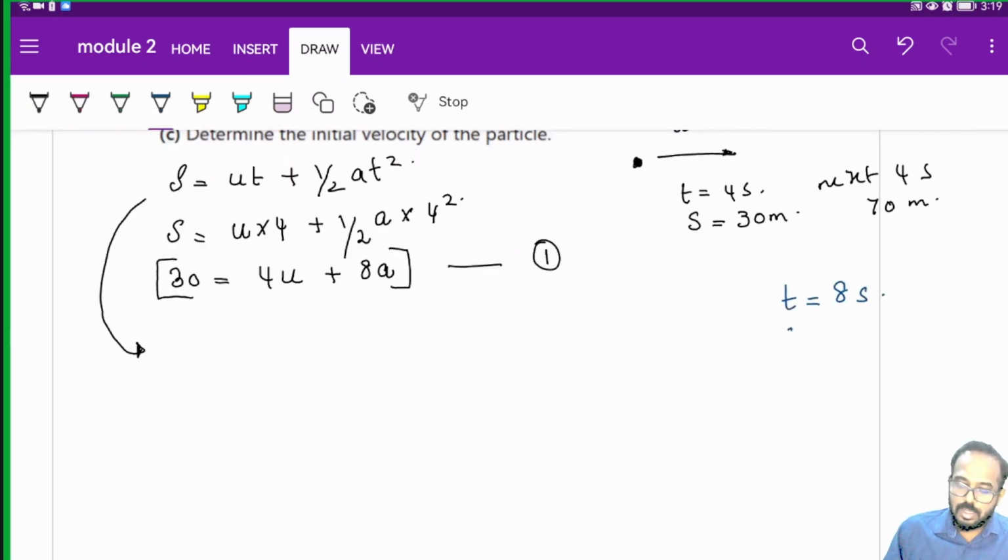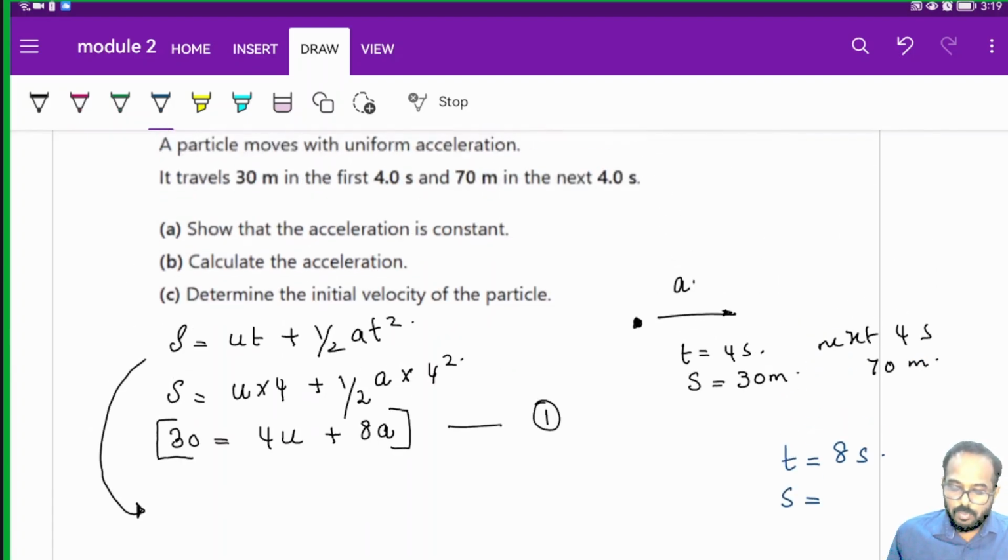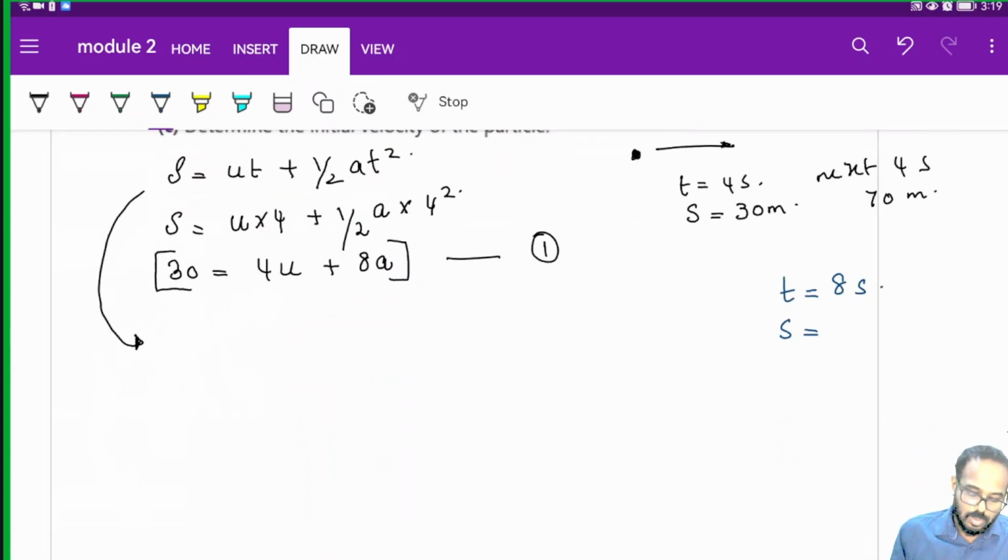And the displacement, don't take it as 70 here. Already in the first 4 seconds, 30 meters is covered. Next is 70, so you can say that this will be 100. The displacement is 100, and the initial velocity u, time is 8, plus half a 8 square.